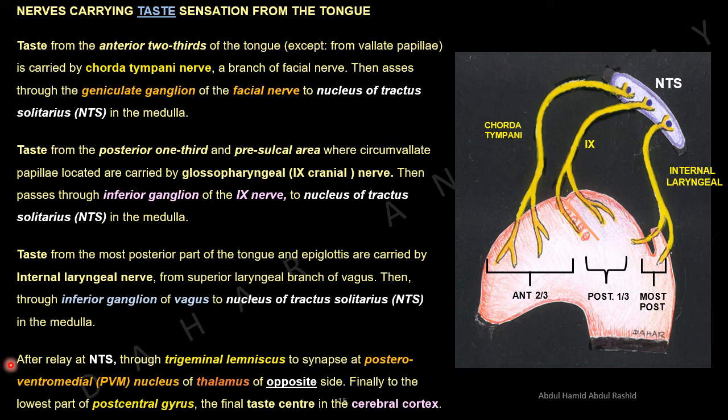After relay at the nucleus of tractus solitarius, it passes through the trigeminal lemniscus to synapse at the postero-ventromedial (PVM) nucleus of the thalamus of the opposite side. Finally to the lowest part of the postcentral gyrus, the final taste center in the cerebral cortex.